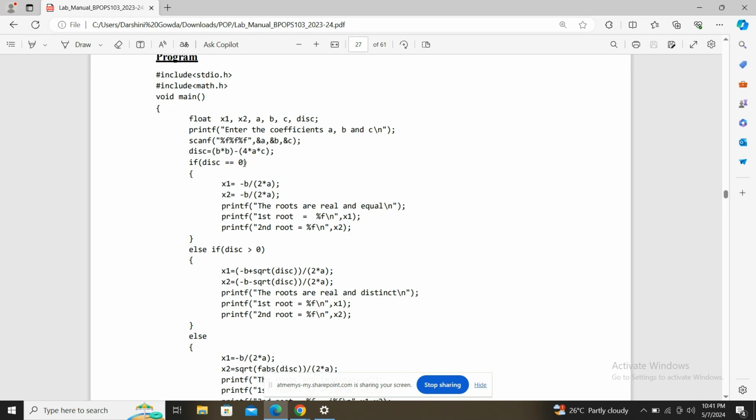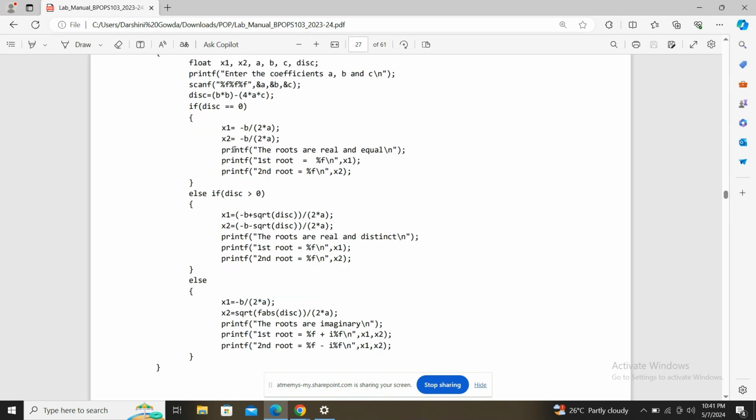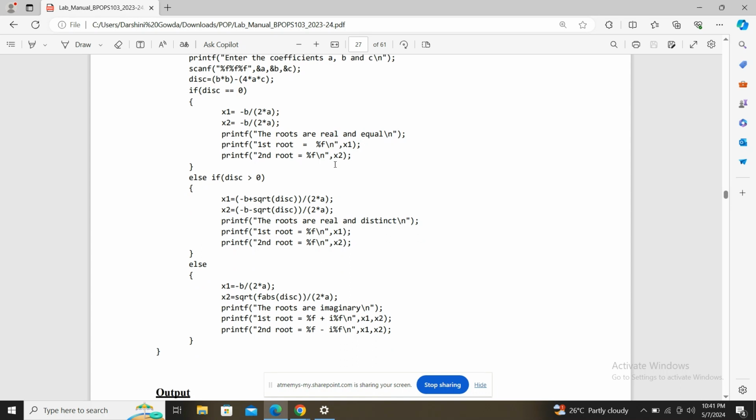So if the discriminant value is 0, then the roots are computed using this formula. The print statement will print that the roots are real and equal. After printing this statement, it will also print the roots of both expressions, that is x1 and x2, using the format specifier percentage f.